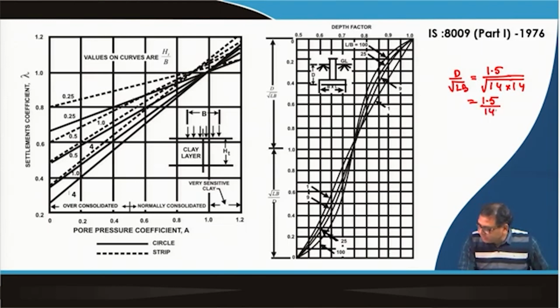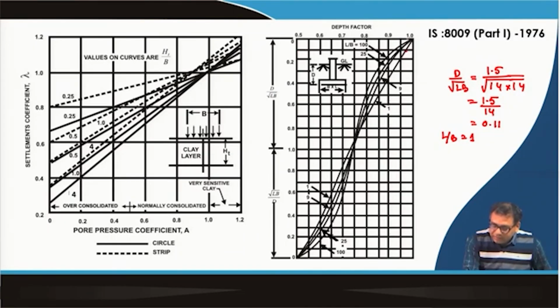So, this value is 0.11 and L by B is equal to 1 for square, and this chart is for 1.